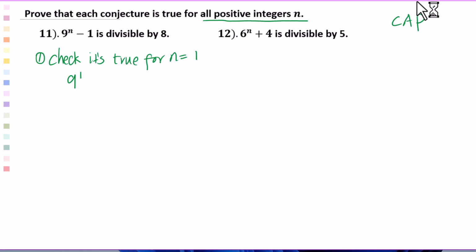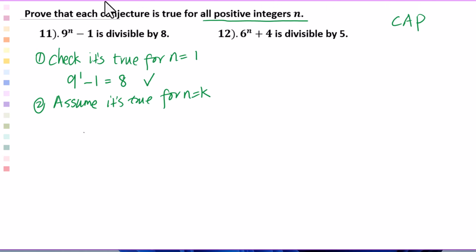9 to the first power minus 1 equals 8. So it's true for n equals 1. Assume it's true for n equals k, which means 9 to the kth power minus 1 is divisible by 8.